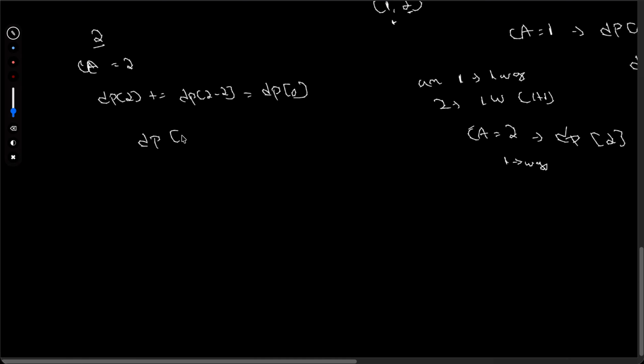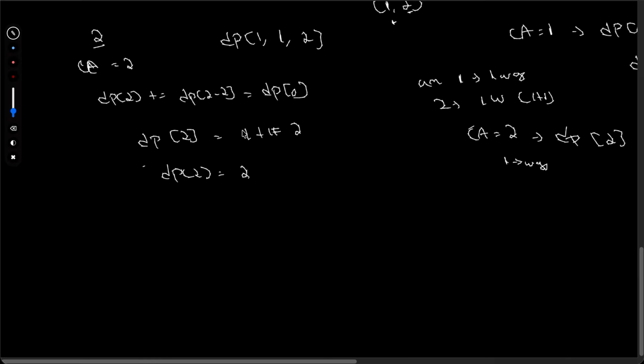So dp of 2 is 1 plus 1 is equal to 2. So now the dp table is 1 1 2. Using coin 2, amount 2 adds 1, so there are a total of 2 ways. So the final answer is dp of 2, which is 2.